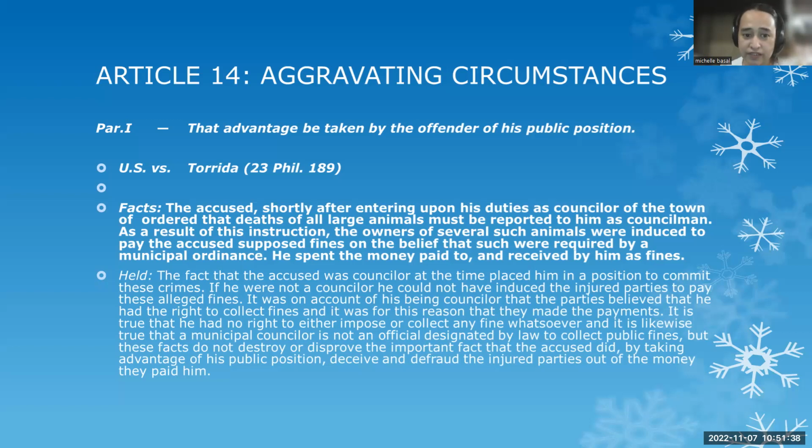As a result of this instruction, the owners of several such animals were induced to pay the accused supposed fines on the belief that such were required by a municipal ordinance. He spent the money paid to him and received by him as fine.